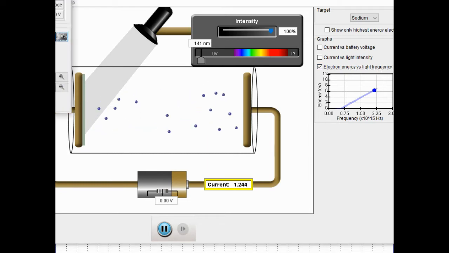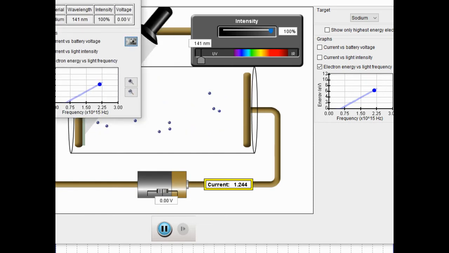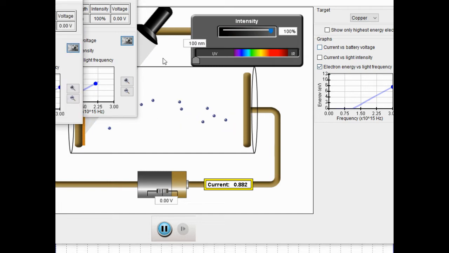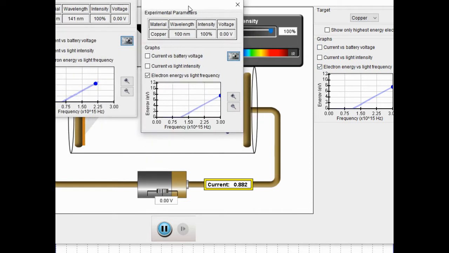Now, changing the metal, if I choose, let's say, copper, I'll do the same thing. Another snap, moving this here. This is the second graph. Changing one last time to calcium, for example, and then changing the frequency here.